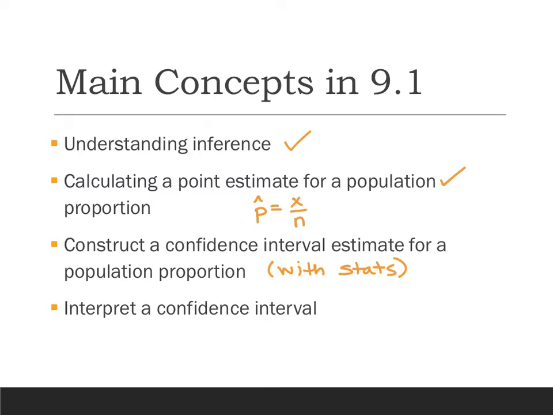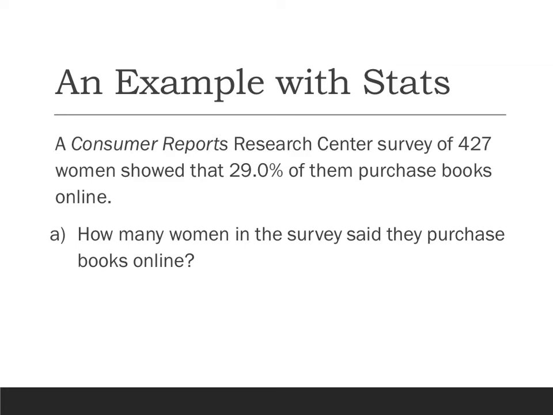what those numbers mean. All right, so in this example, we're told that a Consumer Reports Research Center survey of 427 women showed that 29.0% of them purchased books online. So this is different from the example we did in part 3, because now we have a percentage rather than just a set number.